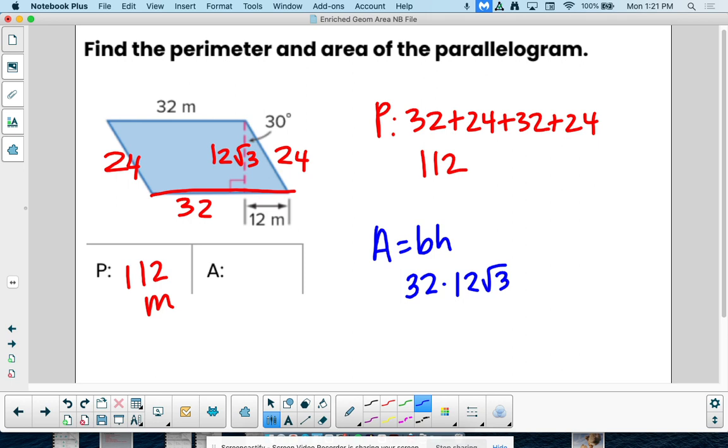Is this all we're doing today? No, we gotta do the next page. So you want the square root?